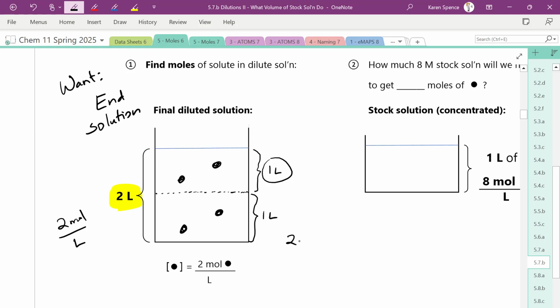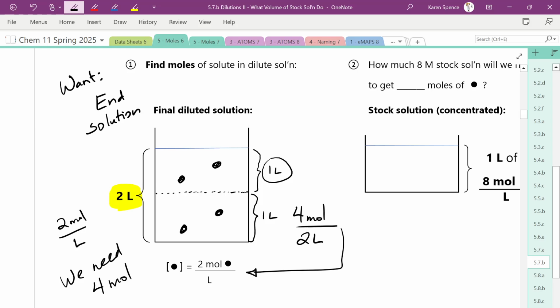I have 4 moles in 2 liters, which gives us 2 moles per liter. Yes? Okay, so now I know we need 4 moles to make that solution.